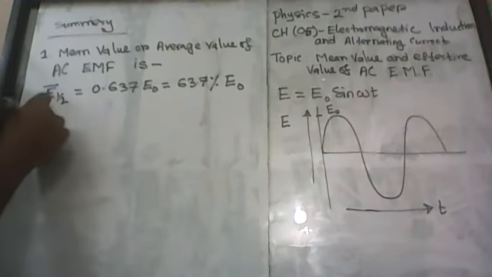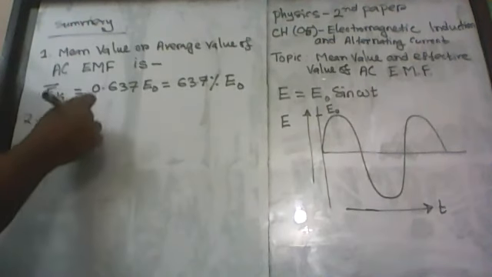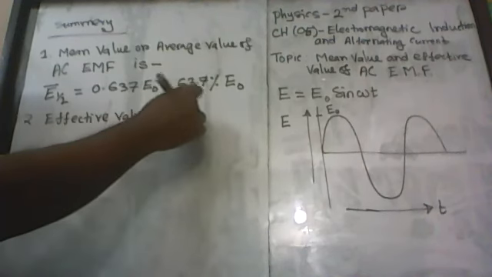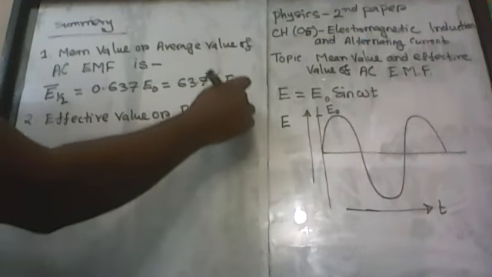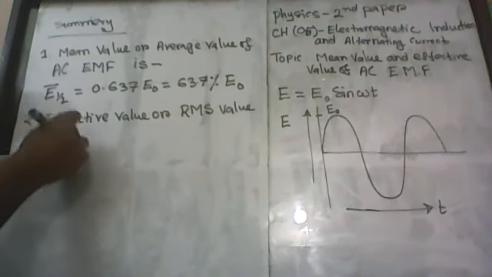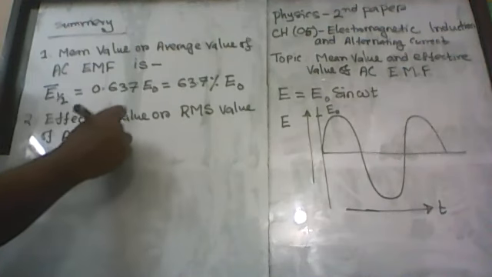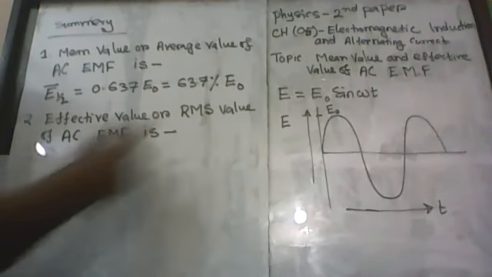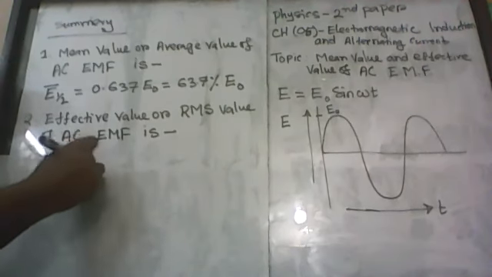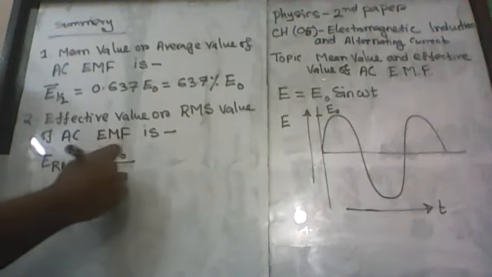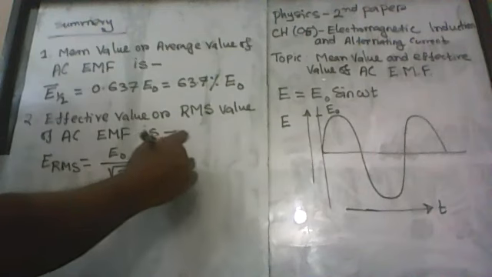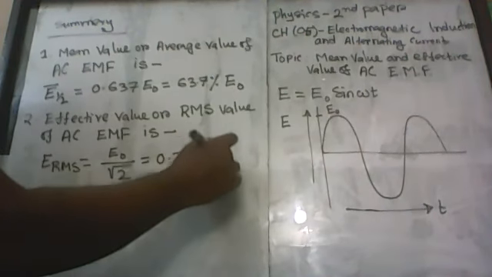So the effective value or RMS value of AC EMF, electromotive force, is E RMS will equal E naught divided by root over 2, or 0.707 of E naught.